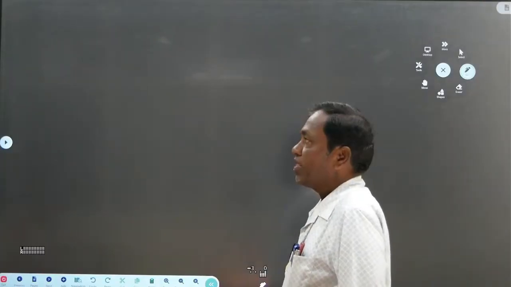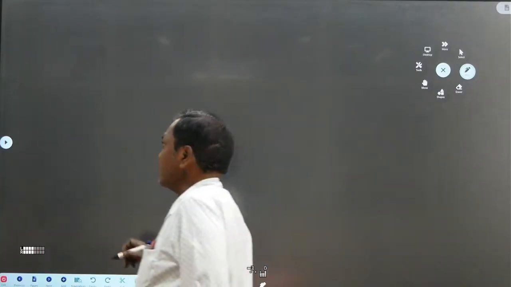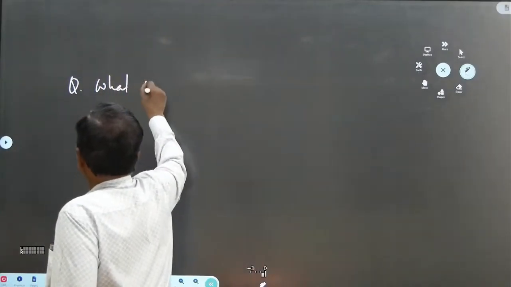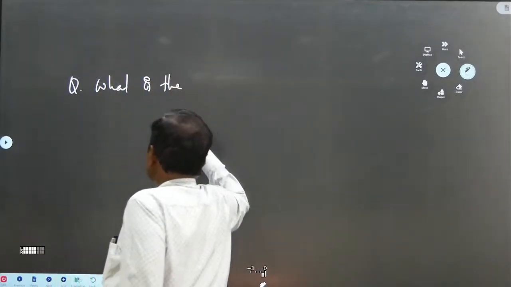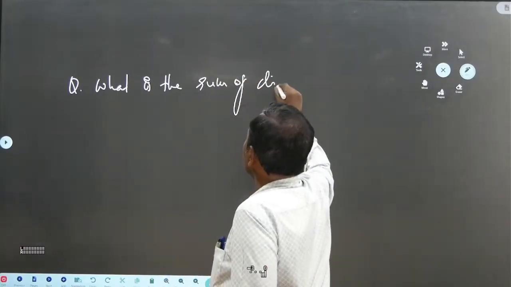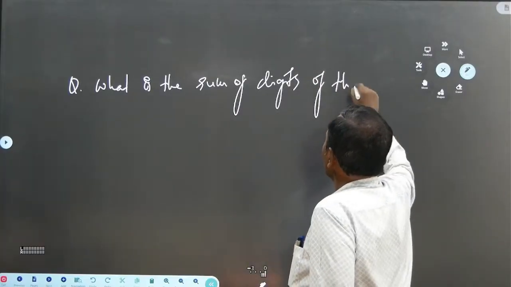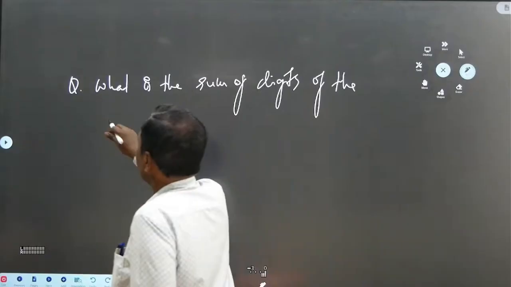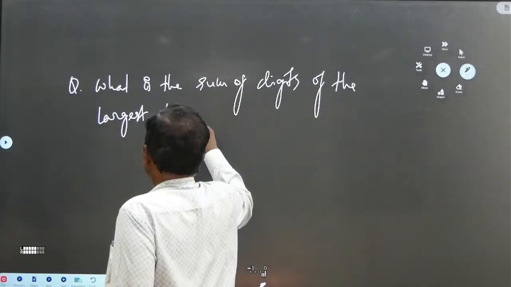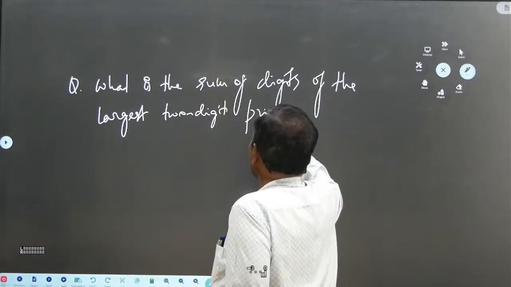Take one question: what is the sum of the digits of the largest two-digit prime number?